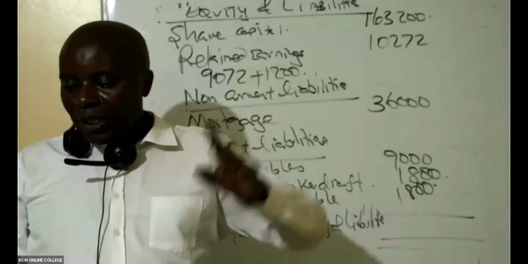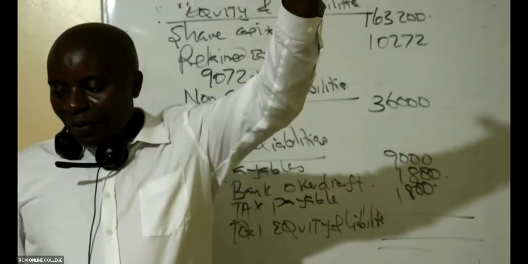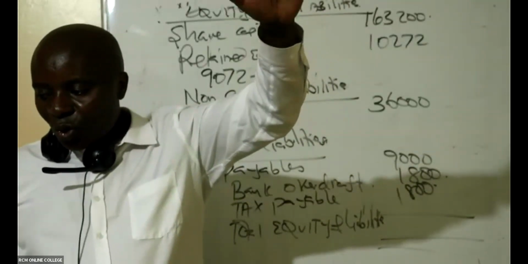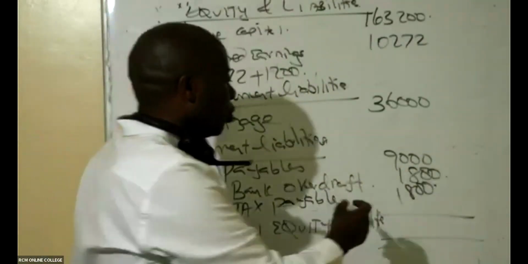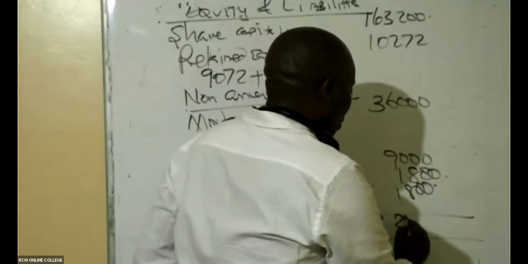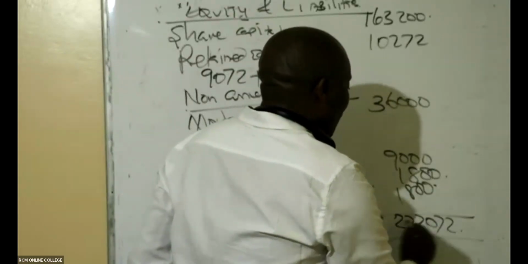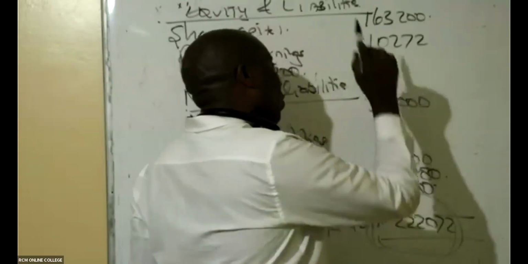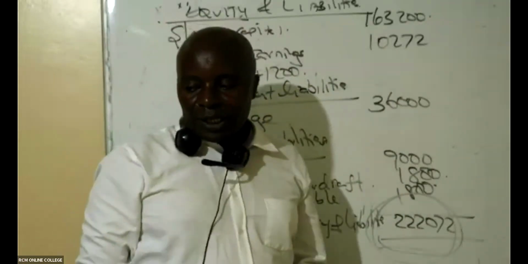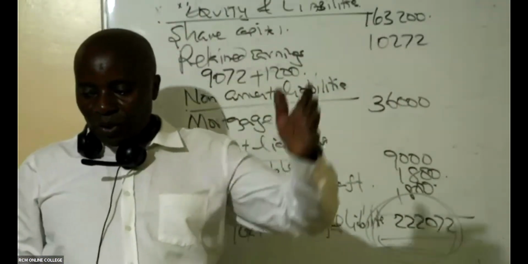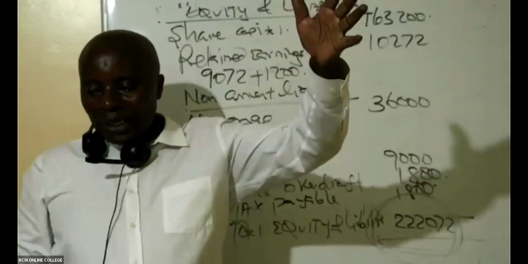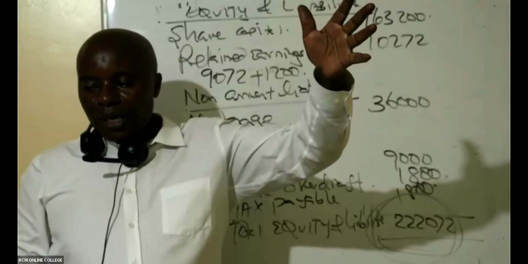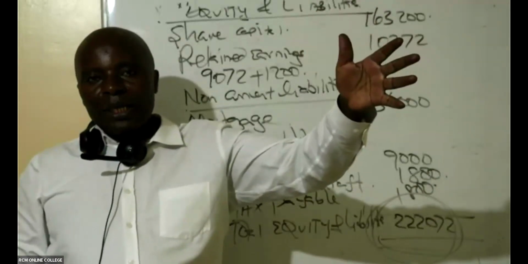So I believe the figure that you guys gave me is 222,072. Is this figure agreeable with our assets? Yeah, it's balancing.